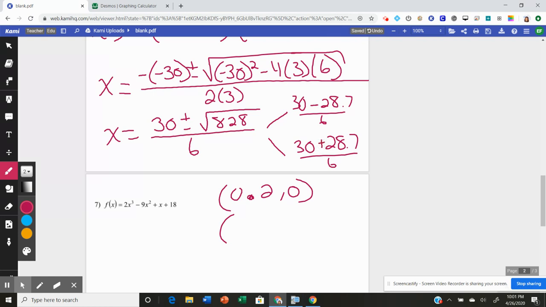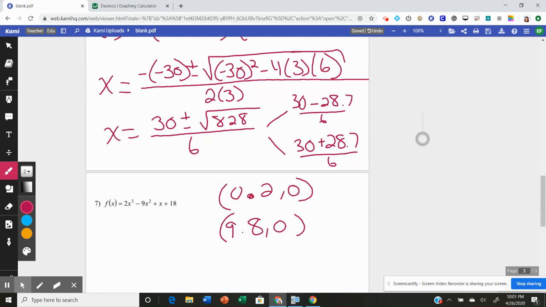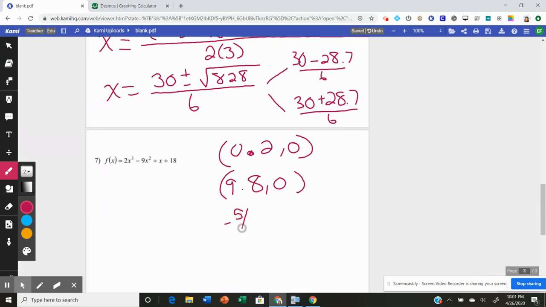Let's try that again. 30 plus our 28.7 divided by 6 is going to be 9.8 approximately, comma 0. And then our original answer, that negative 5/3, I'll just leave that as a fraction. That's totally fine. That's going to be our last one.